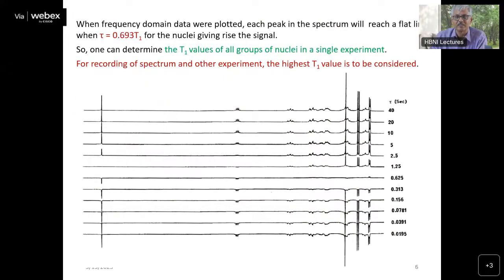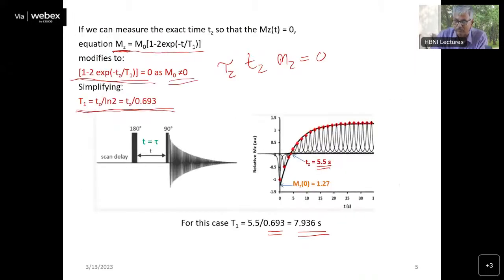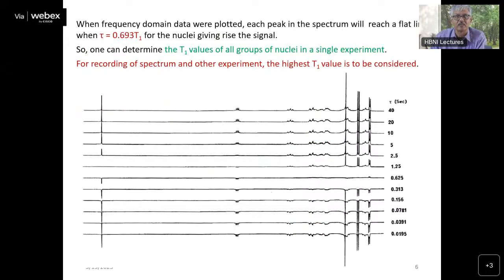So what is the consequence of this? Now let us see. We saw only one peak. But when you see your spectrum, it contains a large number of peaks, and each group of nuclei will have their own T1 values. All of them will not have the same T1 value. As you can see in this spectra, at around 6.25, almost all these peaks are either at 0 or have started becoming positive.